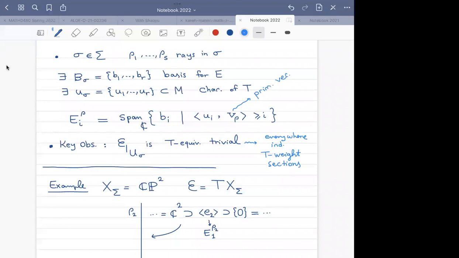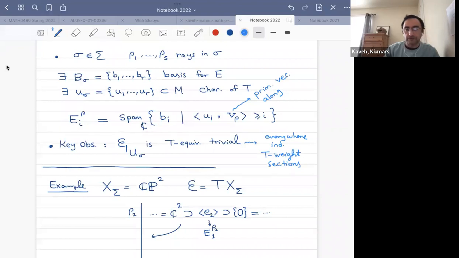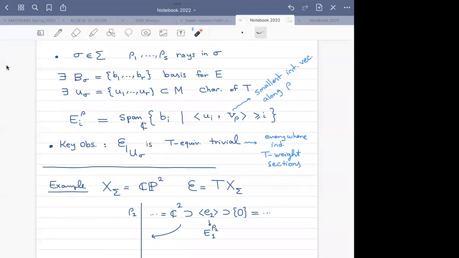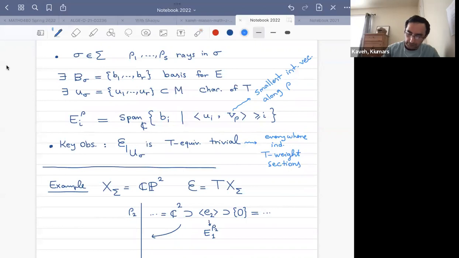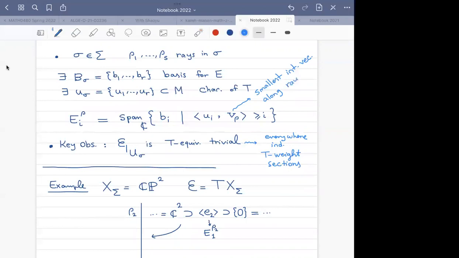Primitive means an integer vector, the smallest integer vector along row. We want a way of fixing one vector on row, so you take the smallest integer vector on row, because the ray is rational. What is row? Row is the ray, a one-dimensional cone.